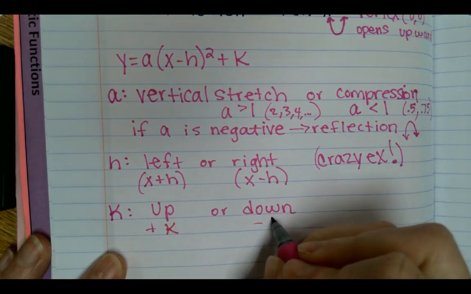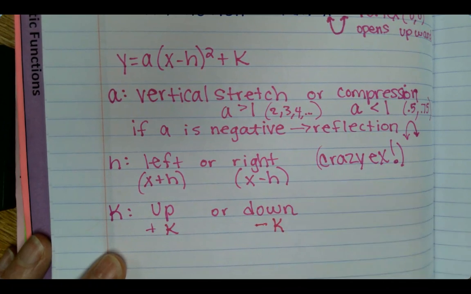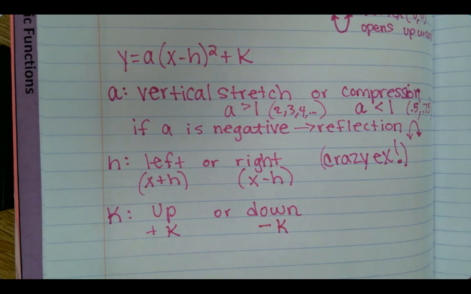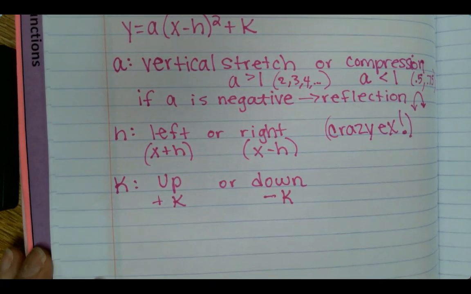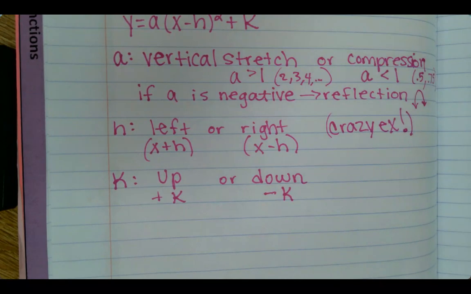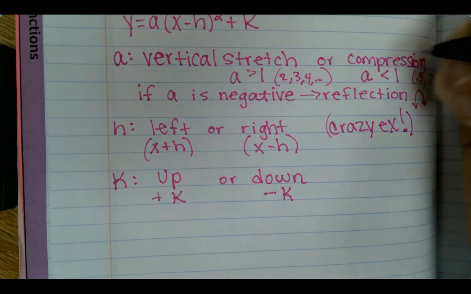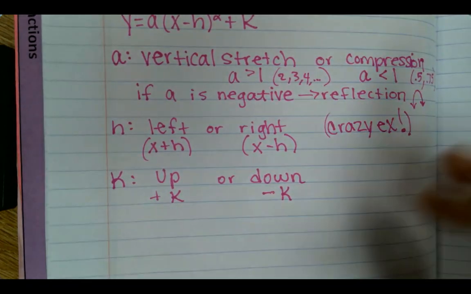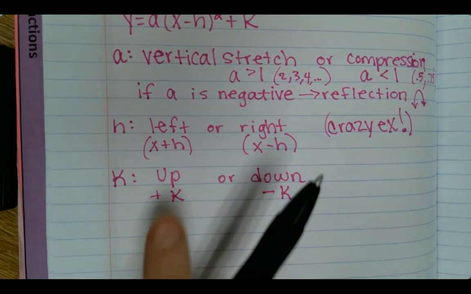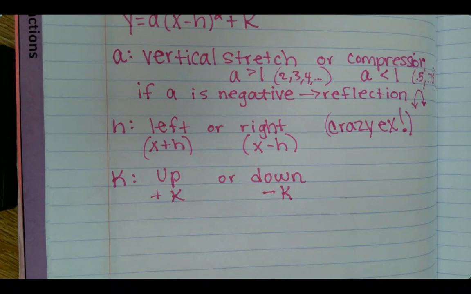If it's minus K, then it's down that many units. So we're going to use this to find all the different transformations. So you can have up to 4 different transformations. One would be stretch or compression. 2 would be reflection. 3 would be left or right. And 4 would be up or down. So those are all the different types.